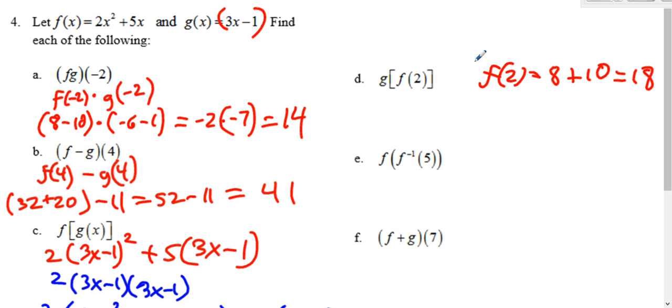So we plug in 2 to f, we get 18. So now we're going to take that 18 and plug it into g. So 3 times 18 minus 1. So that's 54 minus 1, 53.